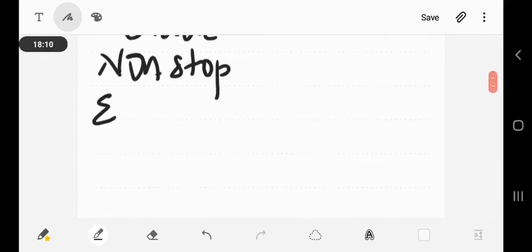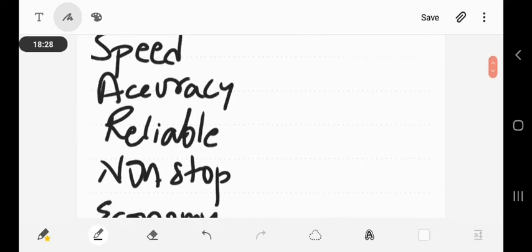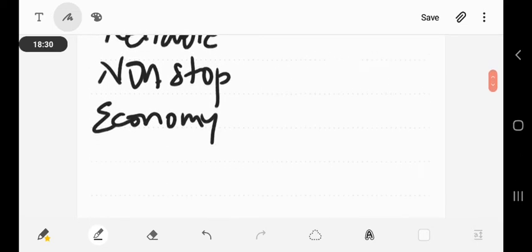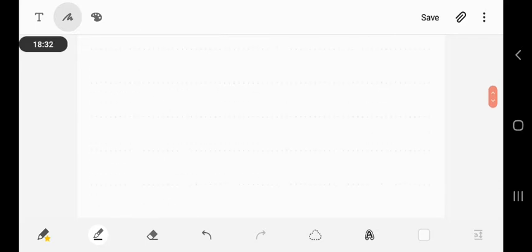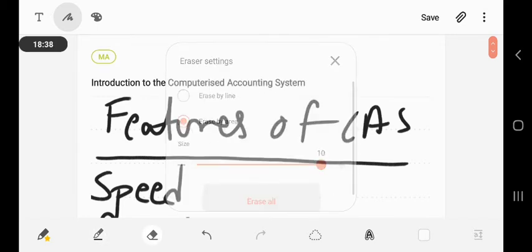And the next one is economy. That means computerized accounting is cheaper when compared to human labor. Machine once purchased will last for many years, but human labor is to be paid continuously. Therefore, speed, accuracy, reliability, non-stop and economy can be discussed as the features of computerized accounting.